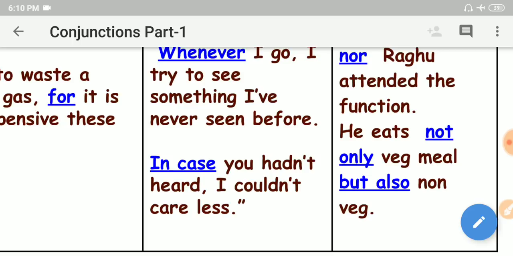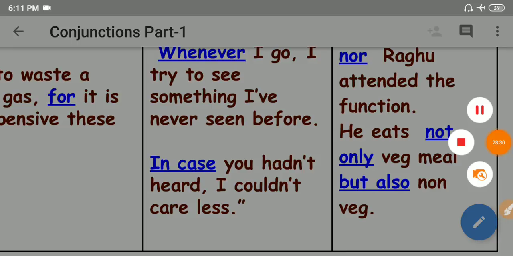We have learnt some examples of each, and we tried to use them in meaningful sentences. In the next class we are going to learn some of the most important rules related to conjunctions. So thank you, my dear friends, for watching this video.